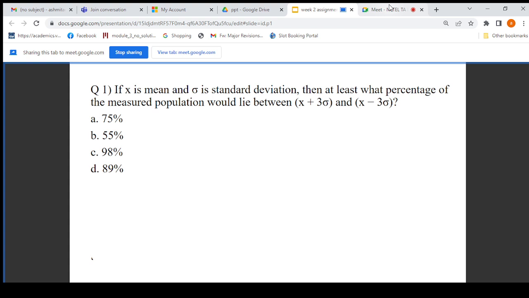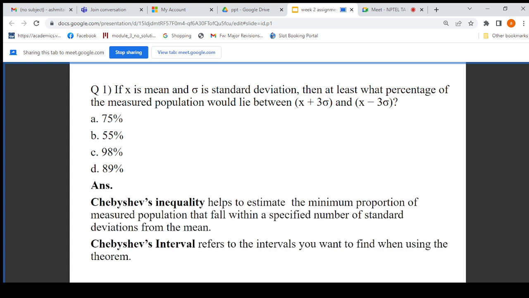It will be 89 percentage. Okay, no, I am asking about what theorem can be applicable here. I'm not asking about the answer. Chebyshev's theorem. Okay.